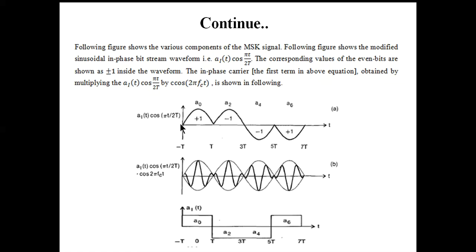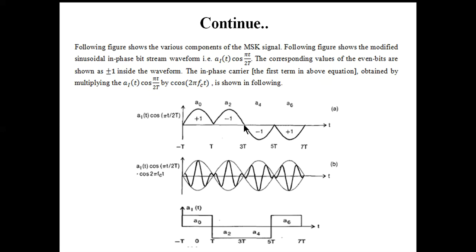In the next time duration, from T to 3T seconds, the value of cos pi t by 2T is negative. But here the value of A2 is also negative, -1. So -1 and -1 means positive. That means there is a phase shift in case of A2, and that's why it will again become positive.